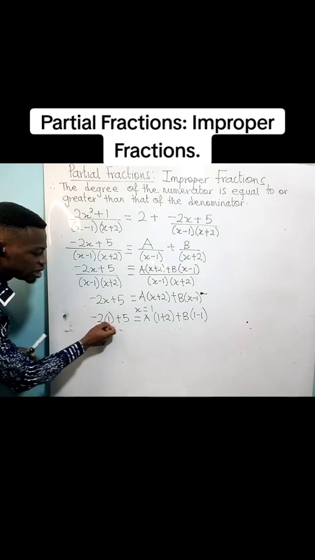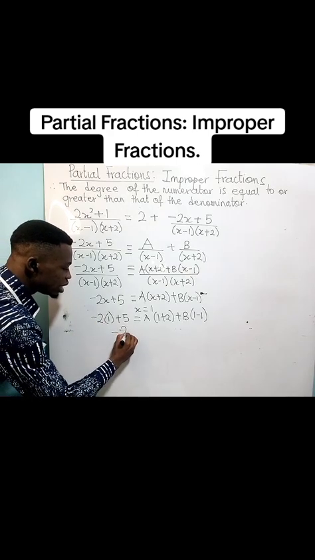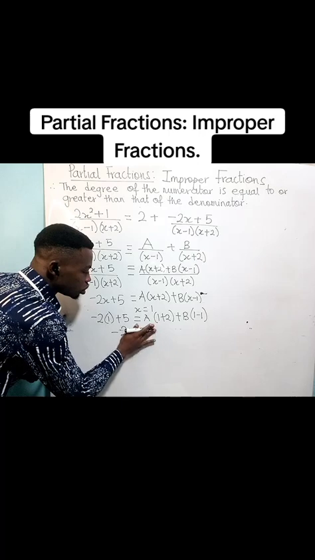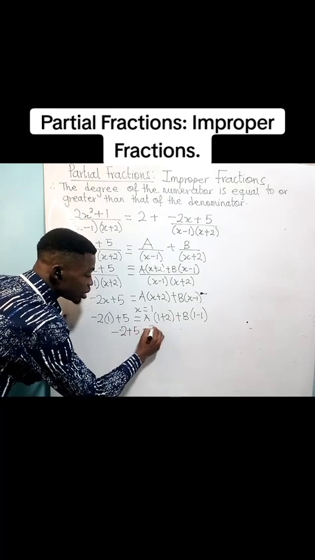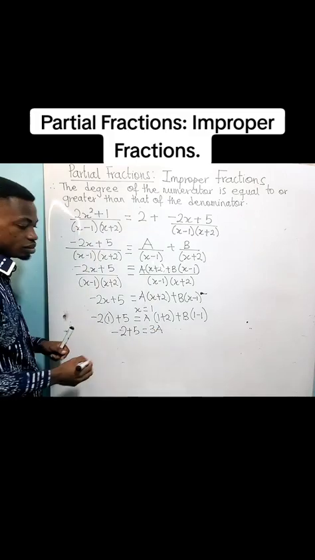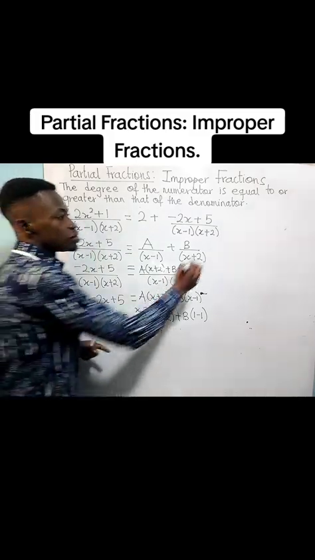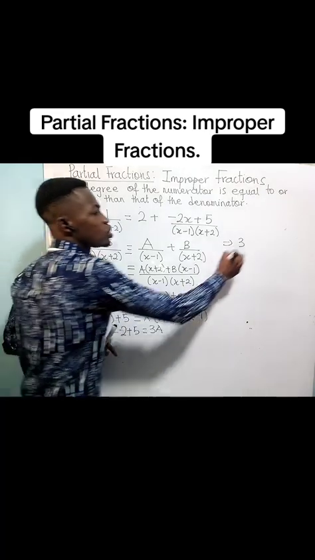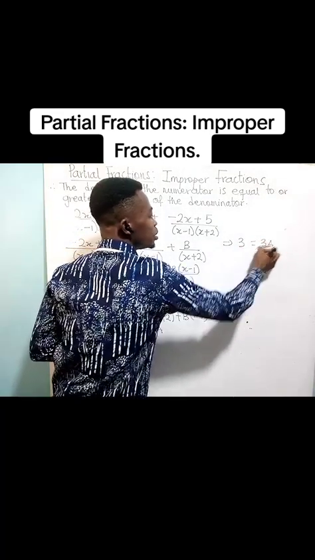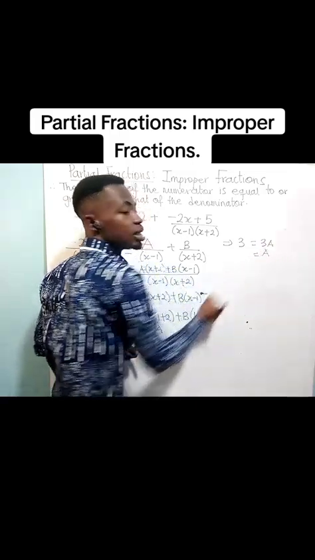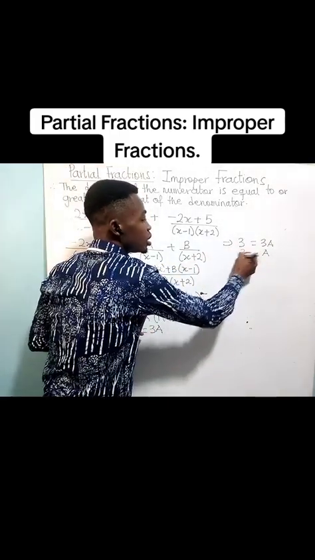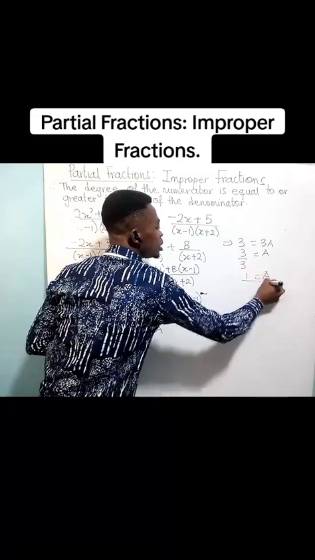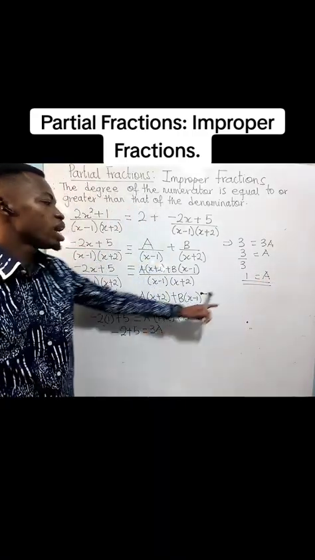But here we have negative 2 times 1, which is negative 2, plus 5 is equal to A times 3, giving us 3A here. Now negative 2 plus 5 will give us positive 3 is equal to 3A. And now we'll say that A is equal to 3 over 3, where A is equal to positive 1. So we are done with A.